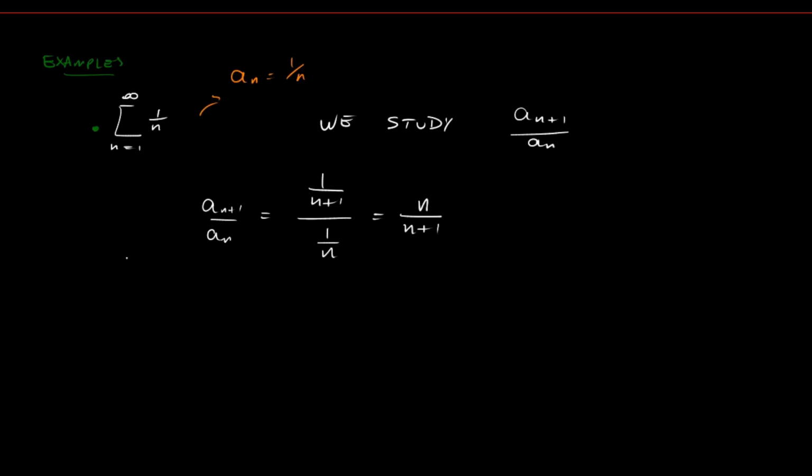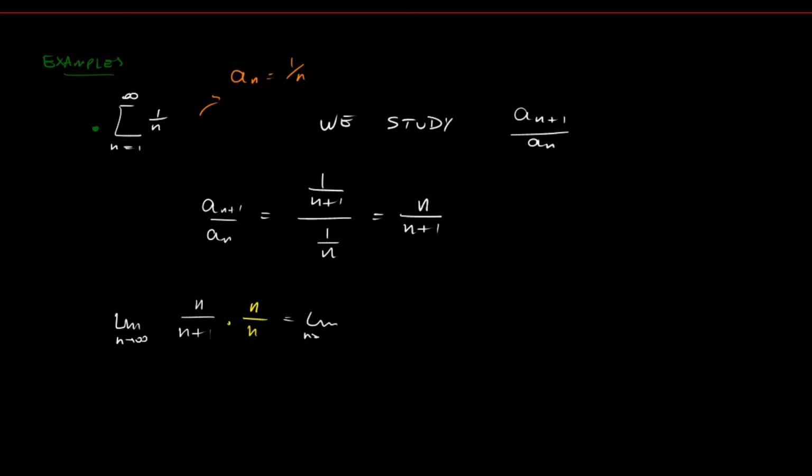And now we have to calculate this limit. The limit when n tends to infinity of n divided by n plus 1. And now this is something we've done many times before: multiply and divide by n. If you don't remember about this, I recommend you check out the videos on limits of sequences.